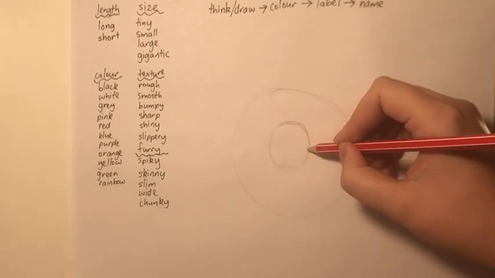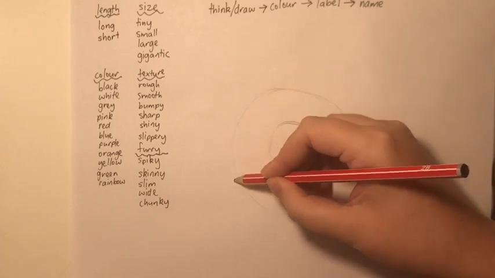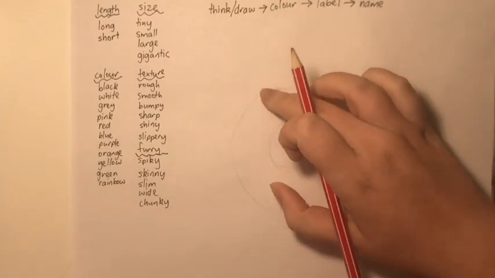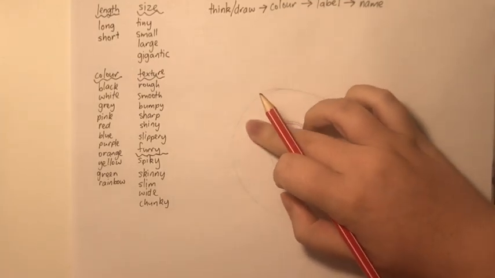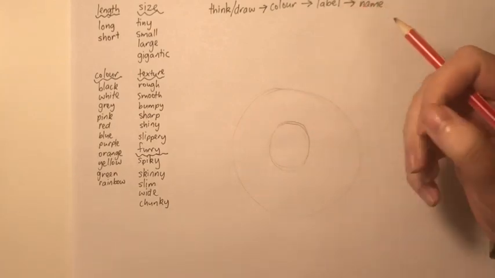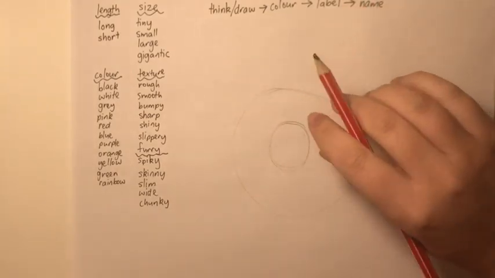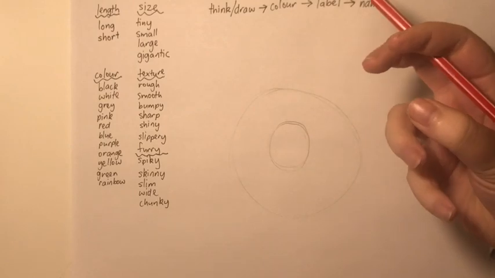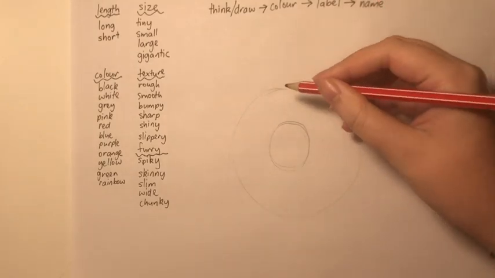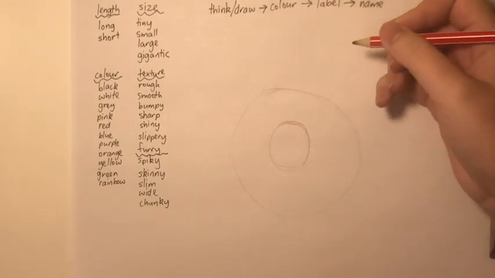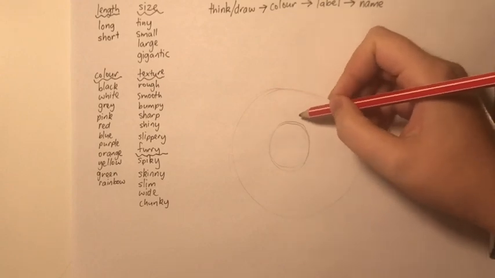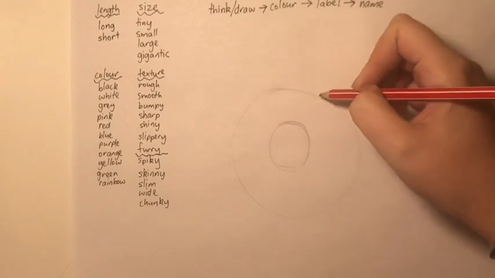I'm just doing it in lead pencil at the moment in case I want to change my mind about anything. So here's its body. Maybe its body could be really spongy. It could almost be like a massive tire. And where are the eyes going to go? Will the eyes be on the donut, or should they be above?